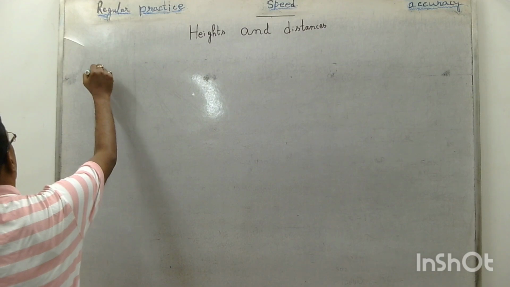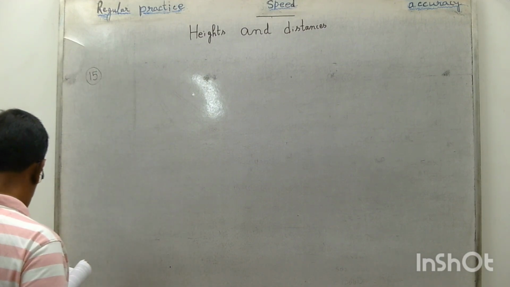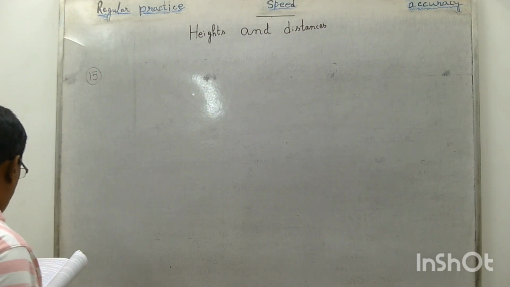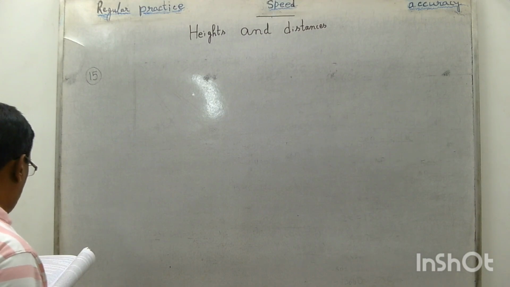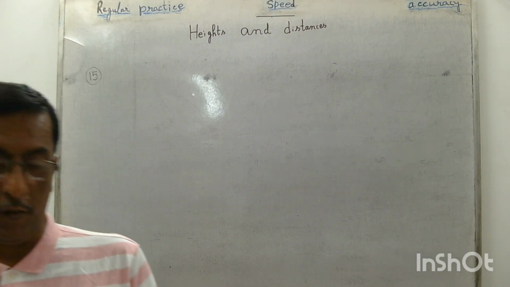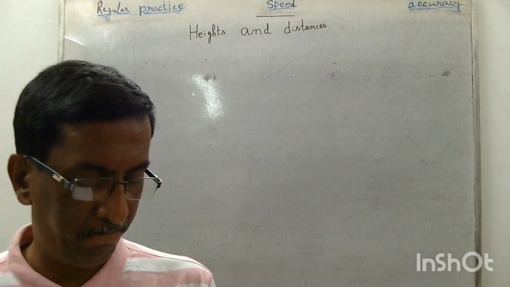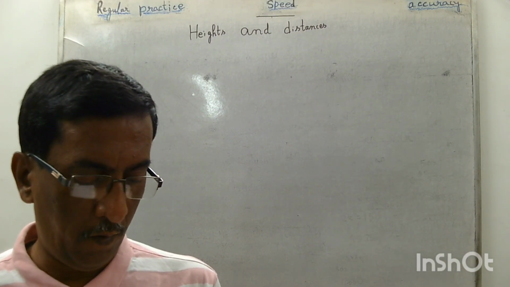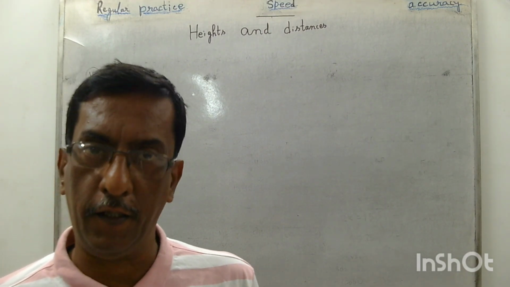I write here 15. The angle of elevation of the top of a tower from a point A on the ground is 30 degree.